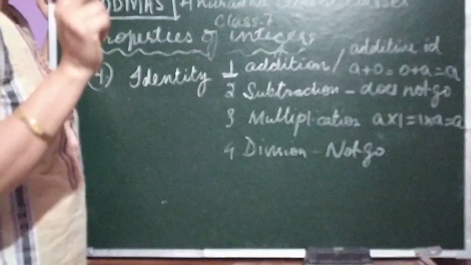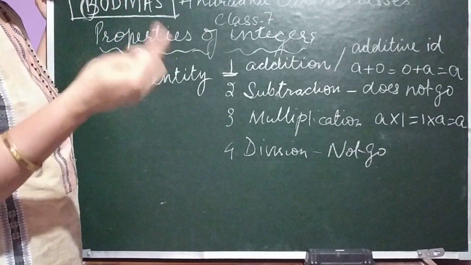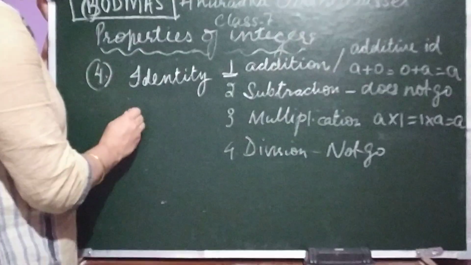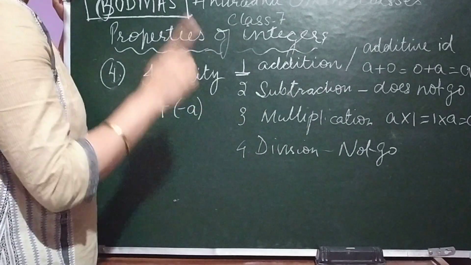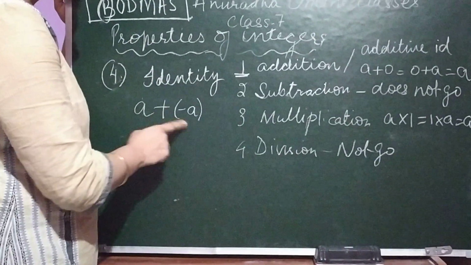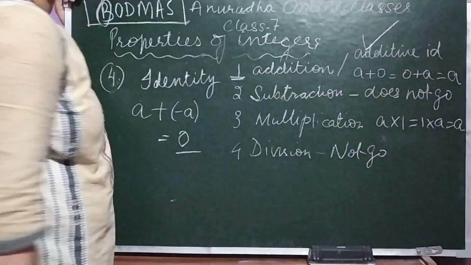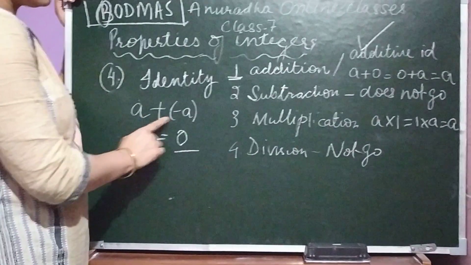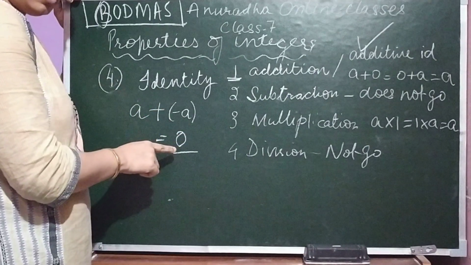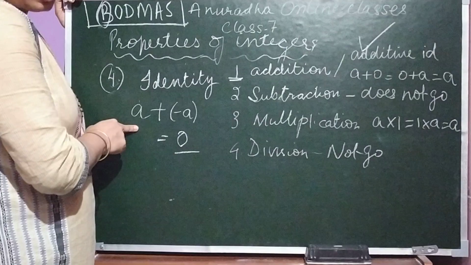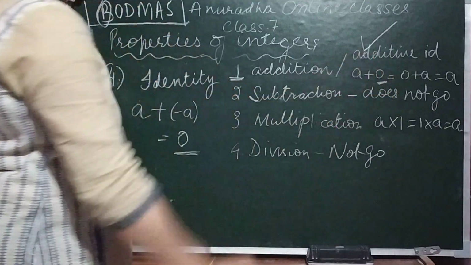Suppose we add 2 integers and the answer will be 0, suppose a plus minus a. The sum of two integers must be 0, then only it is the additive identity. Now see, a plus minus a is equal to 0, means the inverse of any number is added to an integer, then we will get the answer 0. So 0 is known as the additive identity for addition, right?